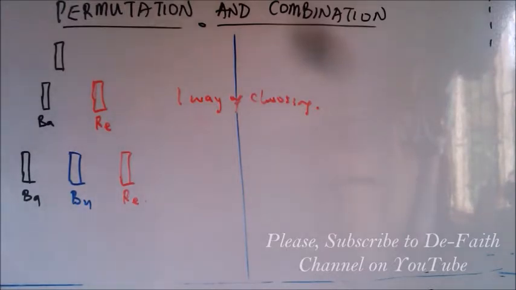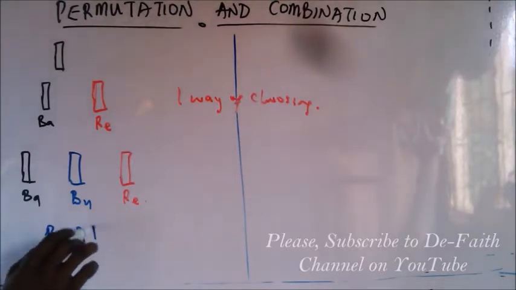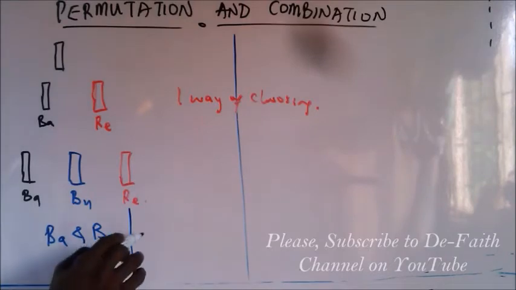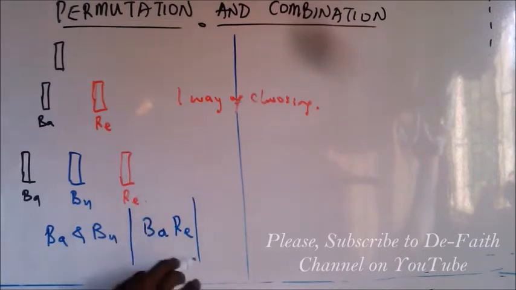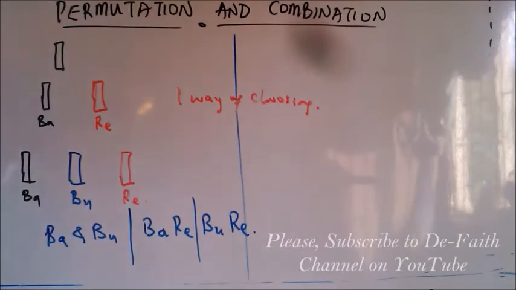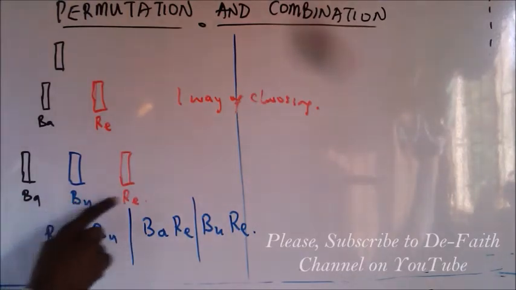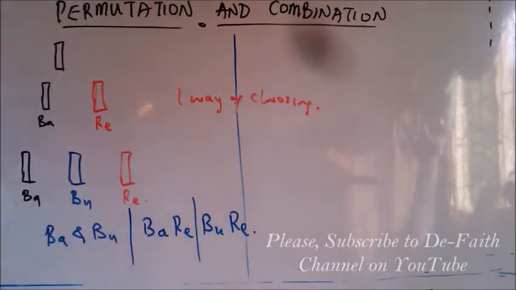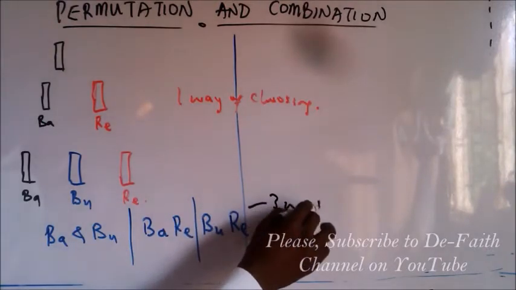Now I want you to take note that we could either choose black and blue, black and red, or blue and red. And so we have exhausted all the selections we can have. So we have 3 ways.